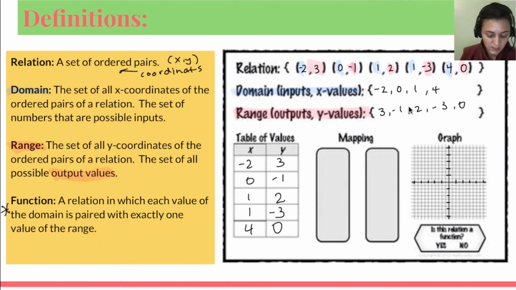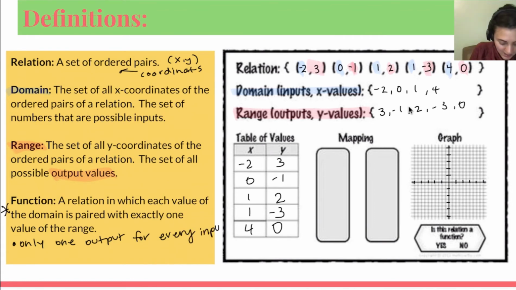So here is a big definition. A function is a relation in which each value of the domain is paired with exactly one value of the range. So you may have heard this before as only one output for every input, or that it needs to pass the vertical line test.